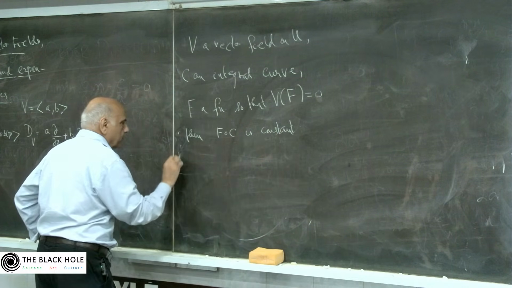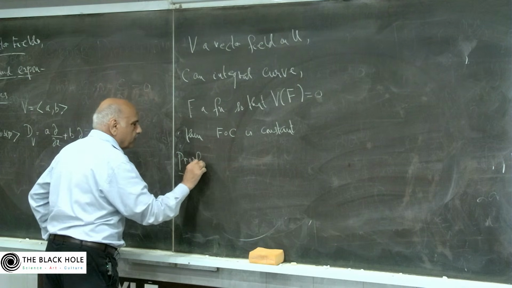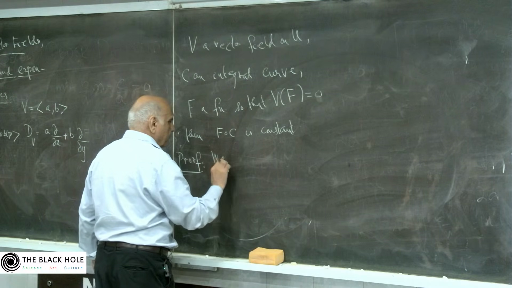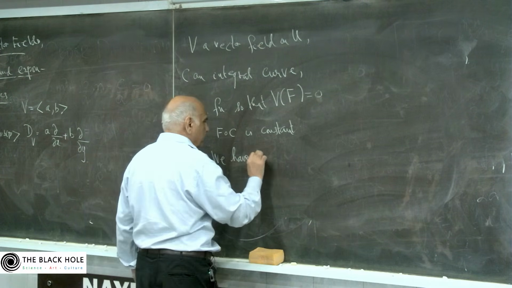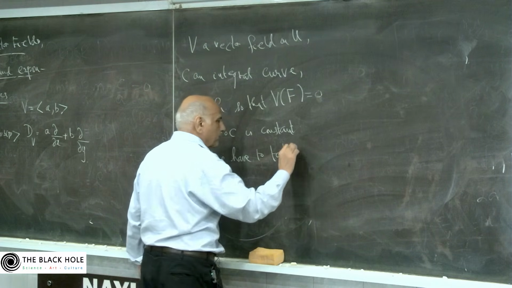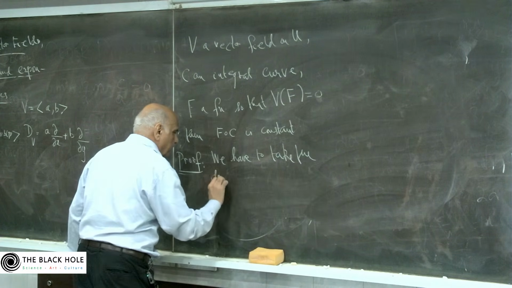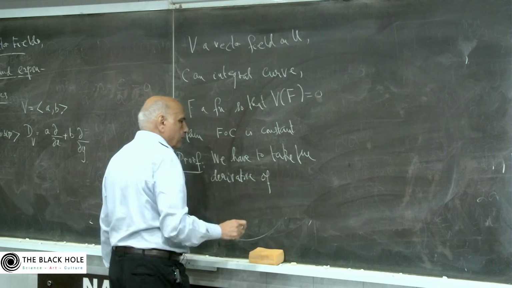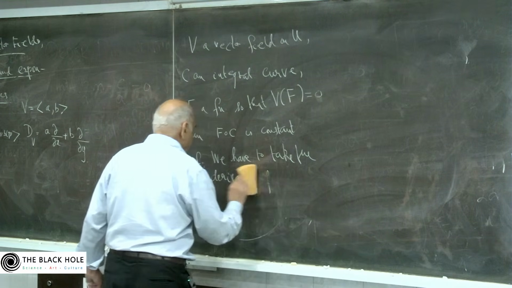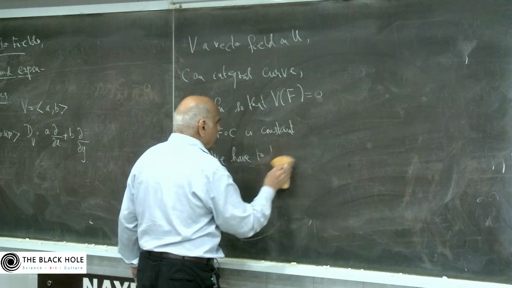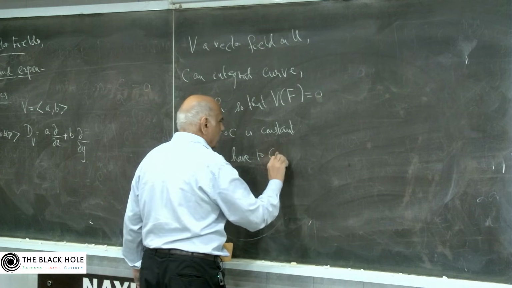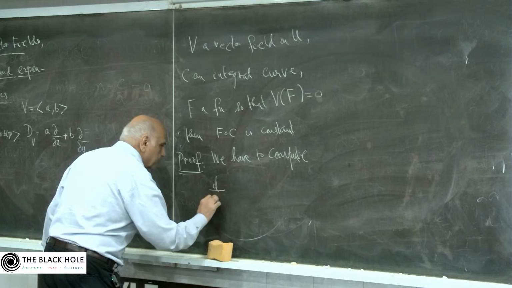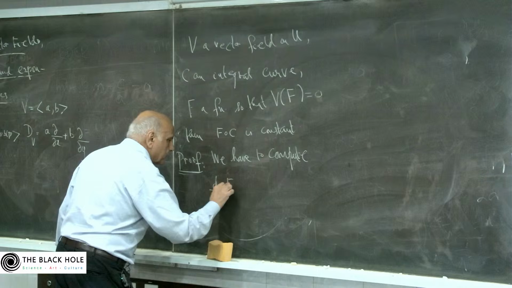So proof. How do you show that a function is constant? You just take the derivative. So we have to compute d by dt of f of c of t.